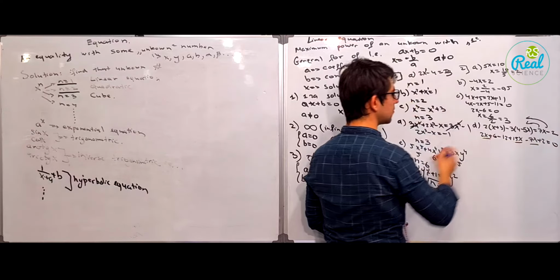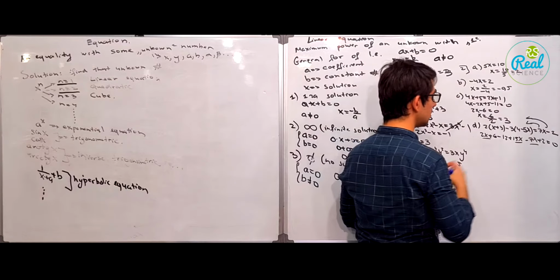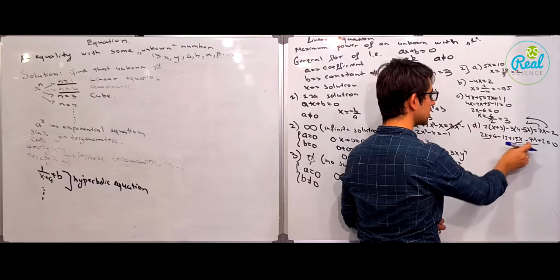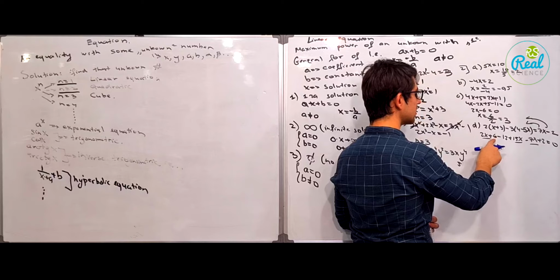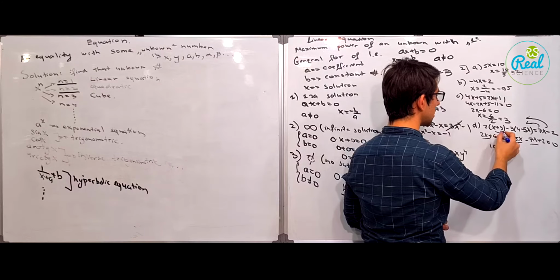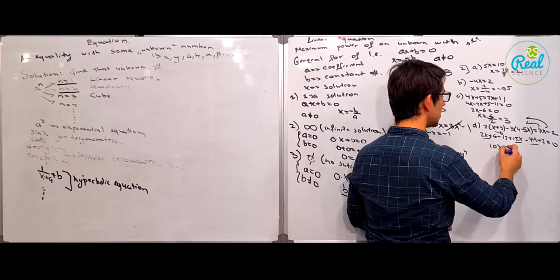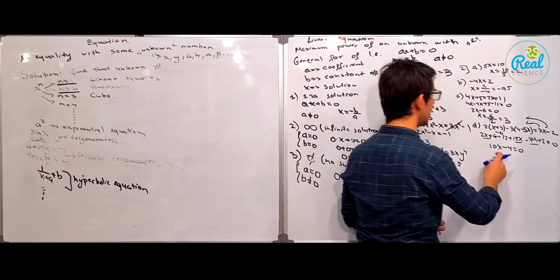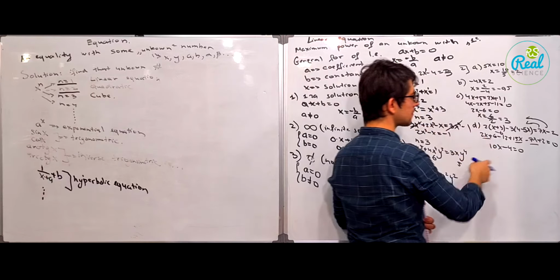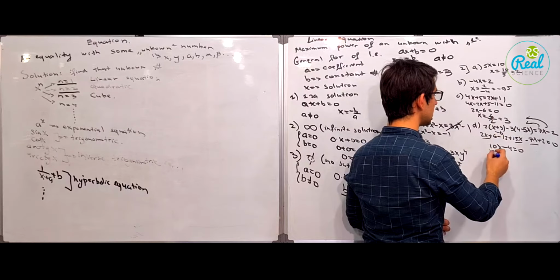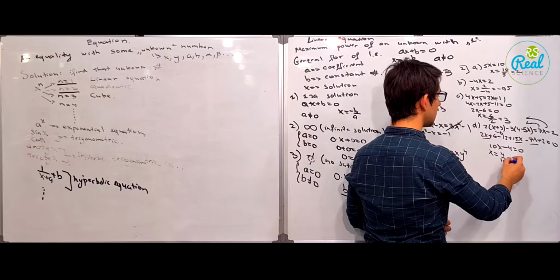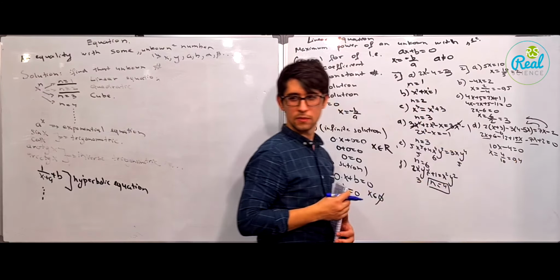So we have x coefficients here: 2 plus 15, 17, minus 7, 10x, right? Plus 6 minus 12 is minus 6. So we have minus 6 here, you have plus 2. So it is 10x minus 4 equals 0. Now we have it in general form. We have brought this equation to this form. x equals 4 over 10 or 0.4. Correct?